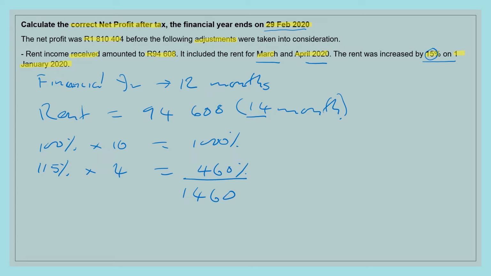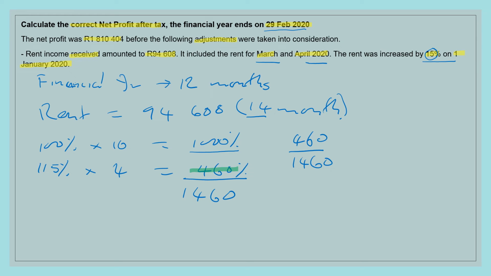So what we want to calculate, we don't want to know the total amount because we're not going to adjust that particular amount. The amount that we want to adjust for is this one here, the rent for 4 months. So what we do is we say 460 divided by 1460.